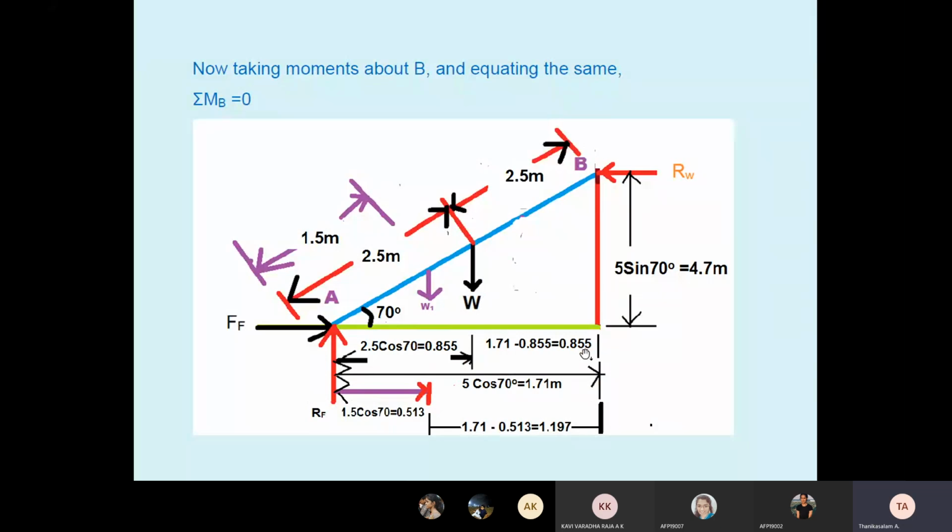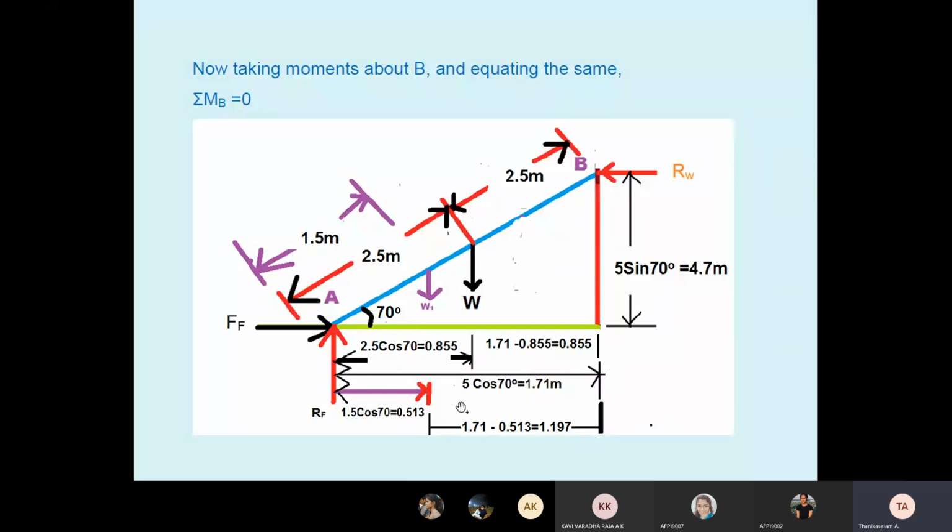What is the balance distance? 0.855. Similarly, the distance with respect to W1. With respect to A point, what is the W1 distance? 0.513. Now with respect to C point, what is the balance? 1.71 minus 0.513. So balance 1.197 meter.